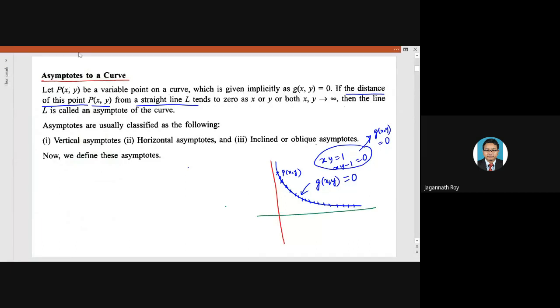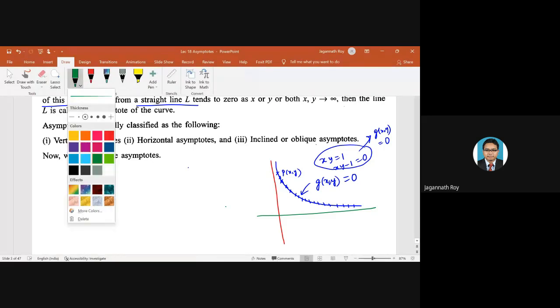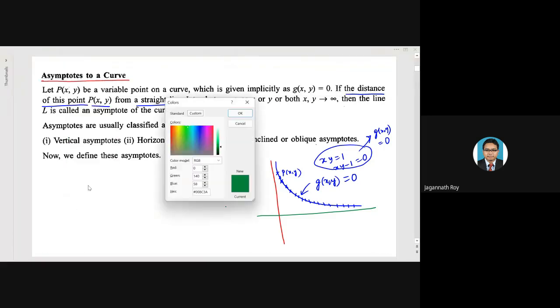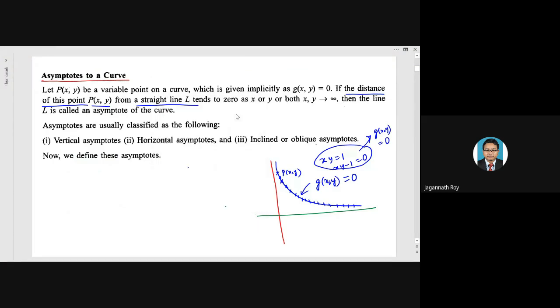So it is saying that if we have such a situation, and if we allow x and y, or both, to tend to infinity, x tends to infinity, y tends to infinity, then the line is called an asymptote of the curve.